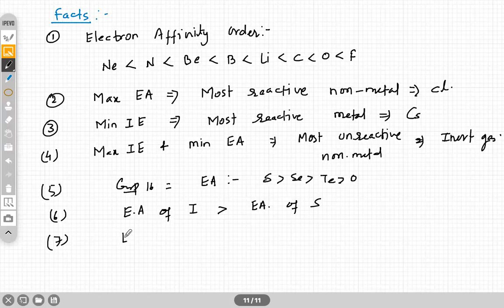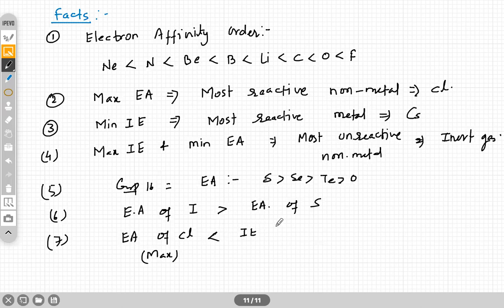The electron affinity of chlorine, which is the maximum, is even less than the ionization energy of cesium, which is actually minimum. Copy it on this.